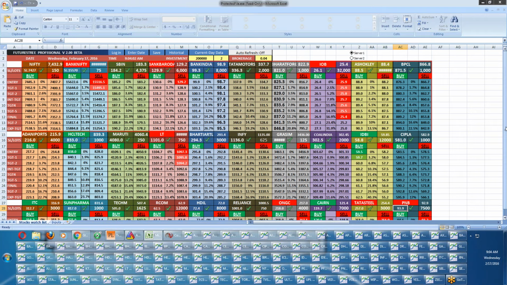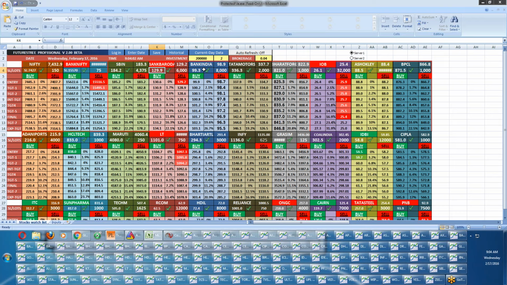So this is a CashTree file where you'll be able to trade on 30 scripts at a time. And here you have the buy price and the sell price, that is the entry prices for each and every script on both the buy side and the sell side. And you have the stop loss here. The SL is your stop loss.